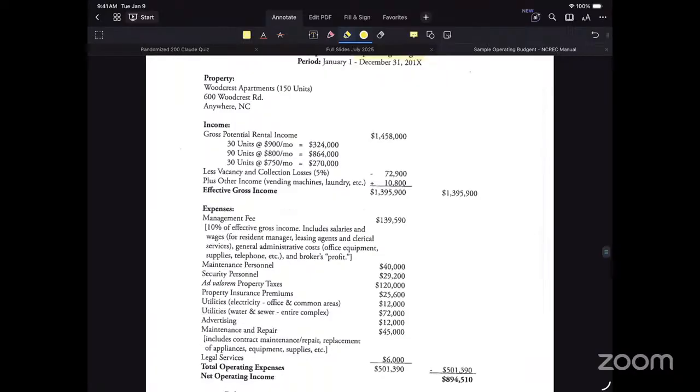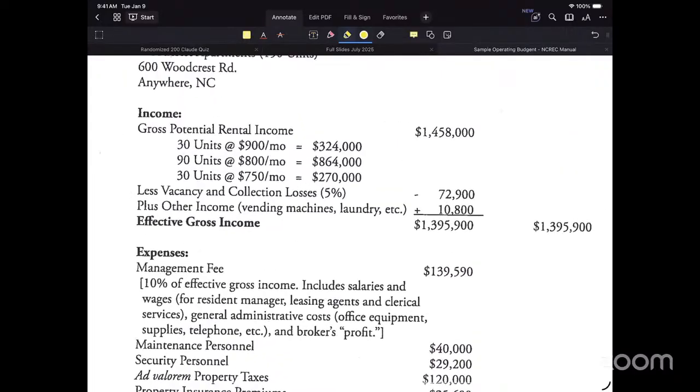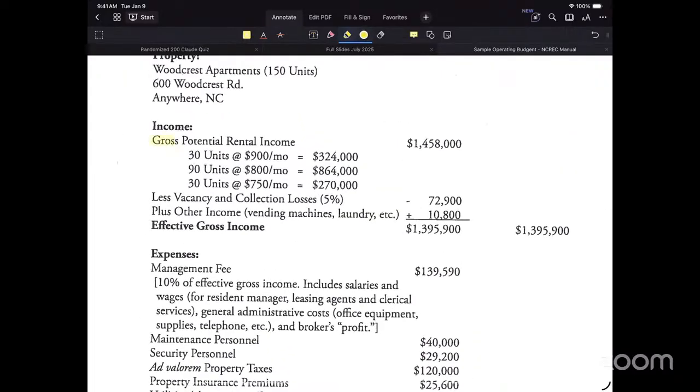But let's look at it. You've got, in one hand, what we call the gross potential income. We're saying if every unit was rented every single day, nobody missed a payment, nothing went wrong, you could in theory make $1,458,000.